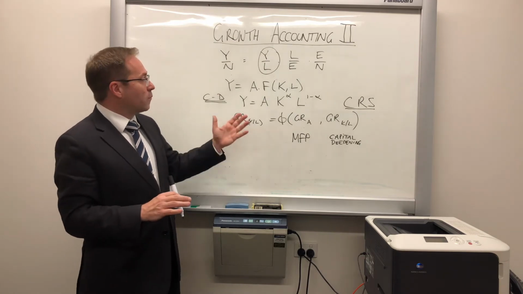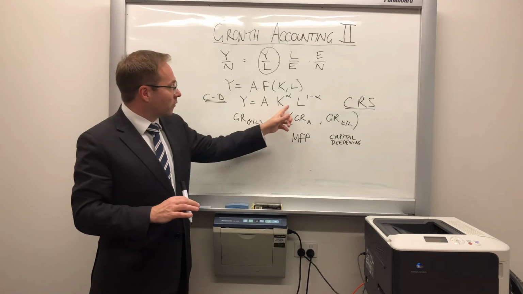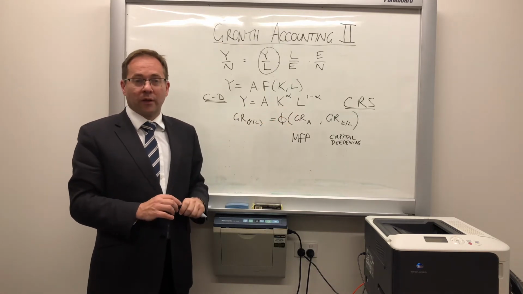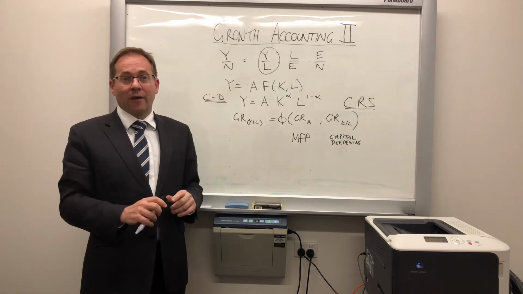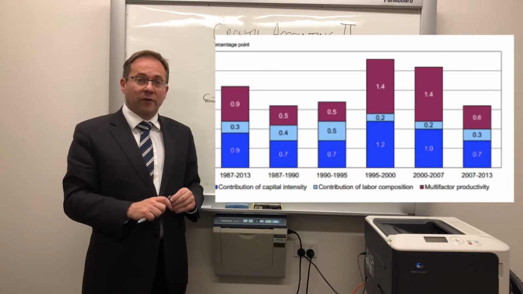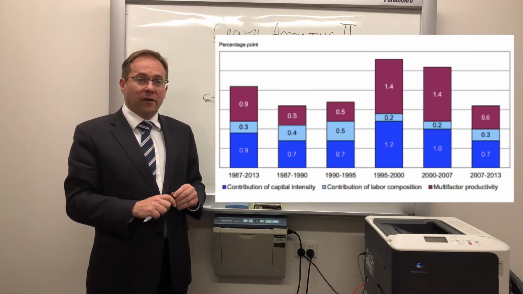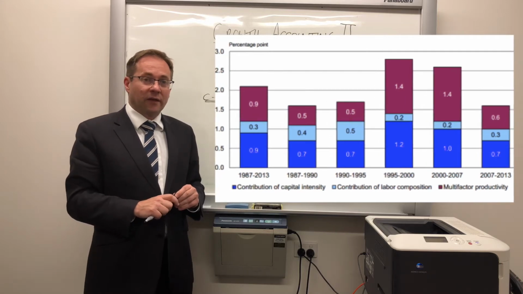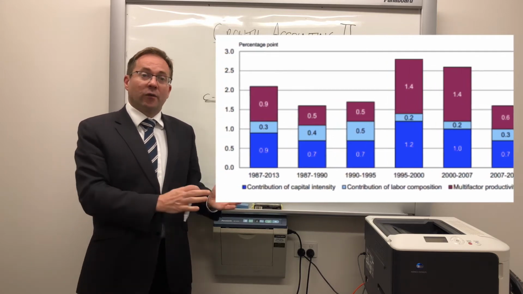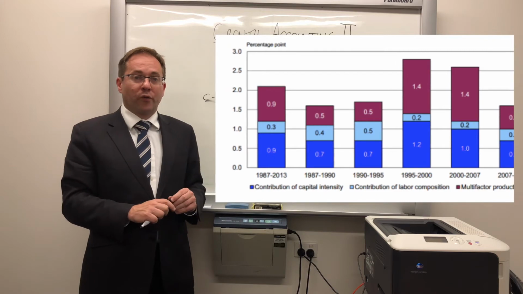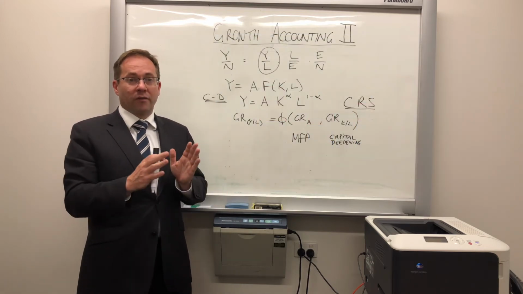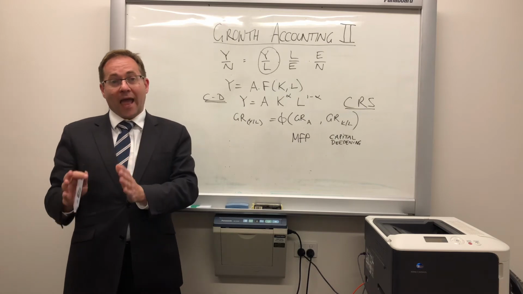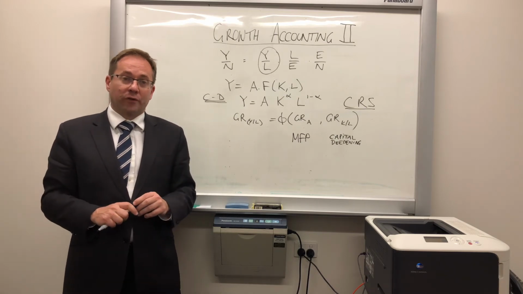Now, you can come up with more complicated functions for output. You could include a little Q here for quality of labour, and this second graph that we look at here is from the Bureau of Labour Statistics in the United States, and it decomposes growth in output per worker over the last 30 years into multi-factor productivity growth and capital deepening and the labour contribution.